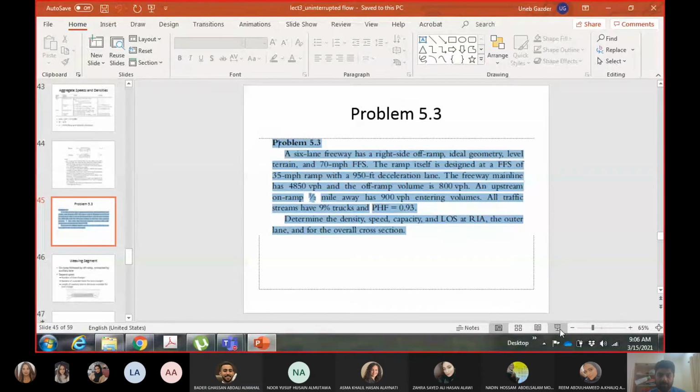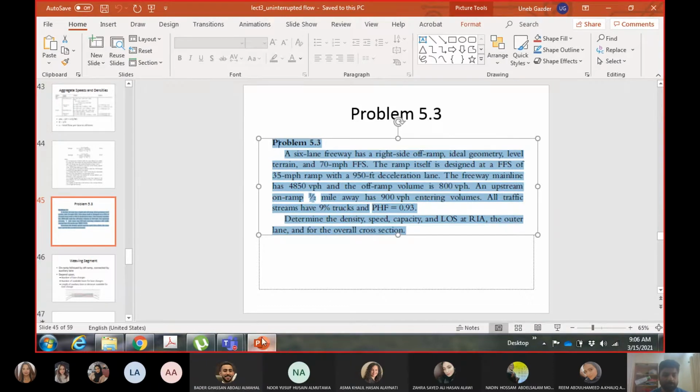How many lanes are there in that area? The first two lanes. Now, which type of segment is it? Is it a merge segment or a diverge segment? Diverge, because it's an off ramp, so it's a diverge area.